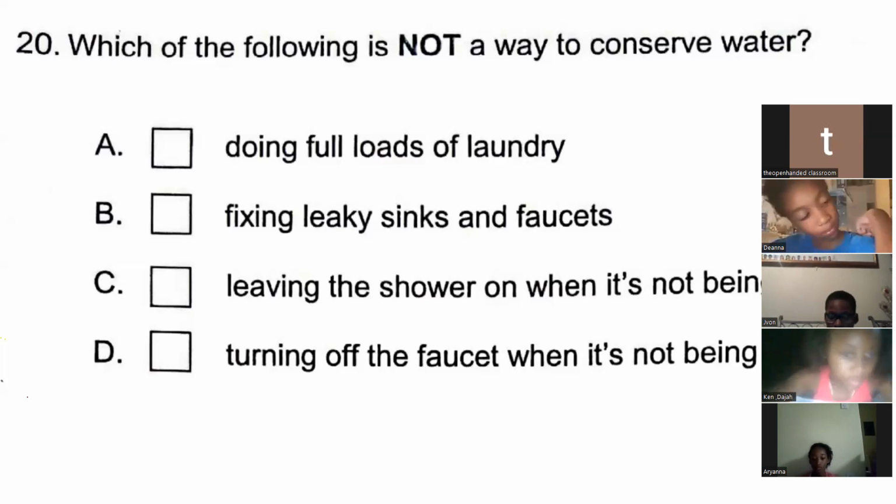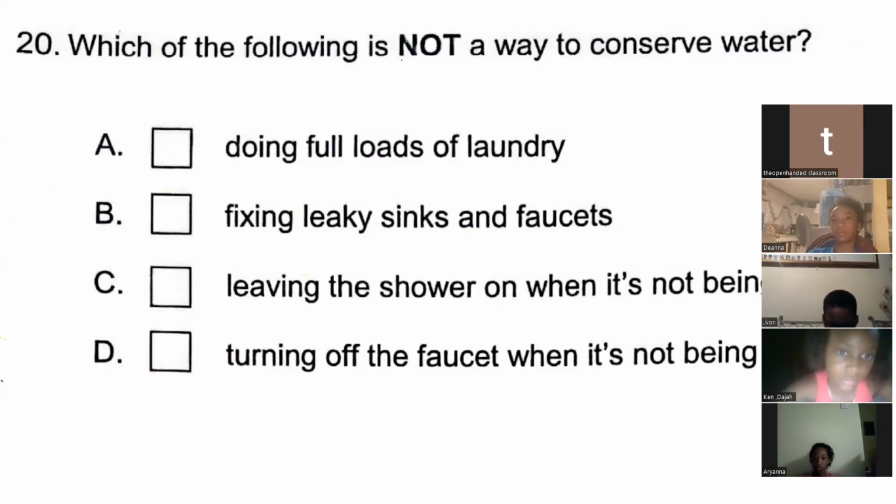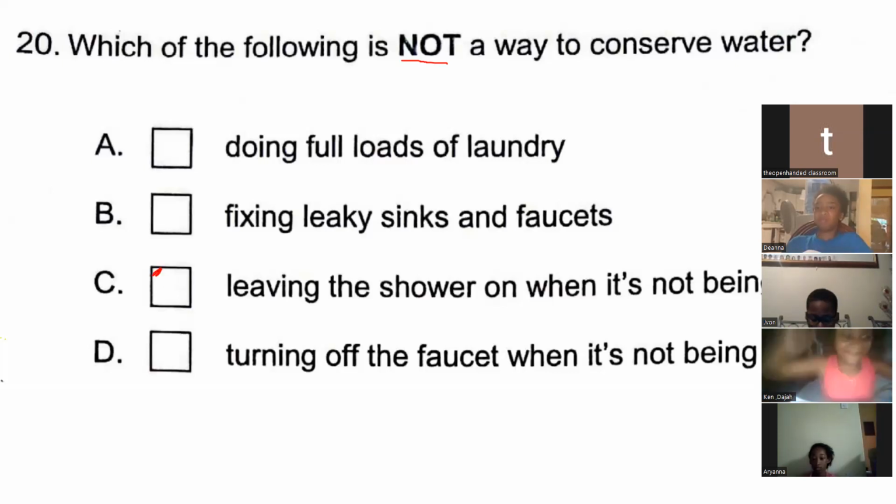Leaving the shower on when it's not being used. But they say which of the following is not a way to conserve water? That's correct. Leaving the shower on when it's not being used. Very good, Candasia.